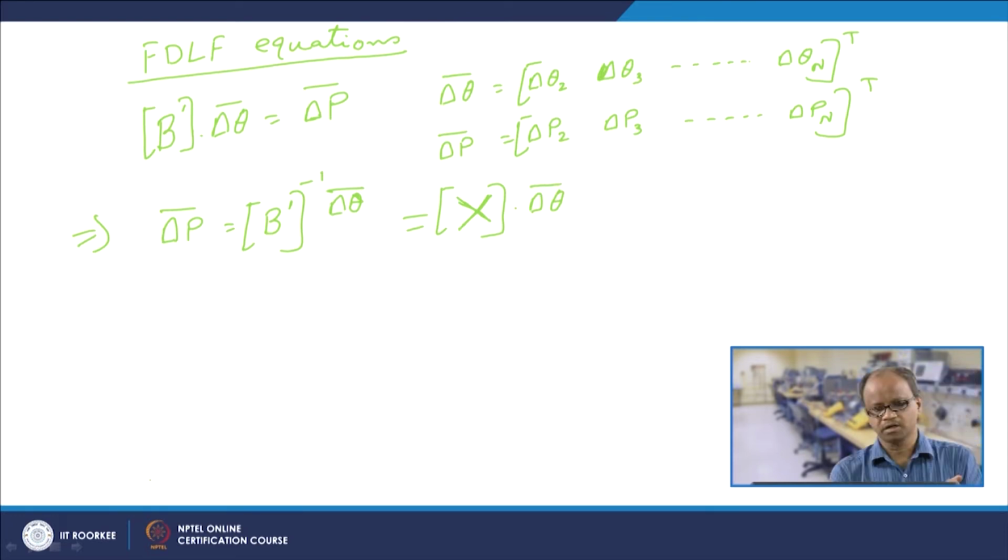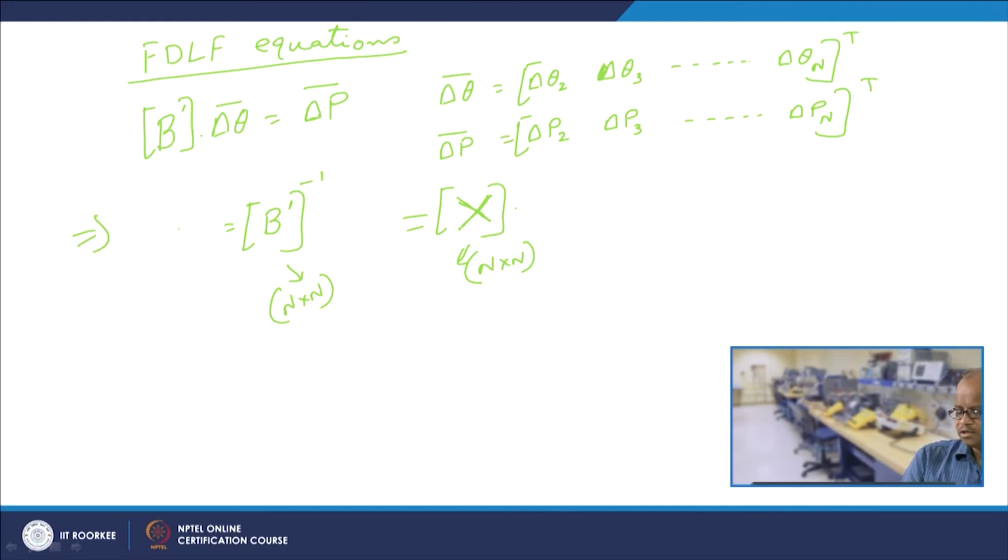We call it capital X matrix, into delta P vector.